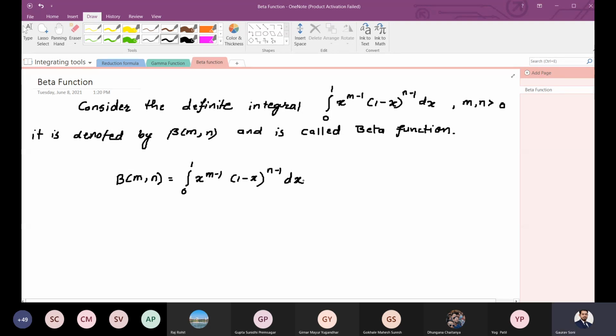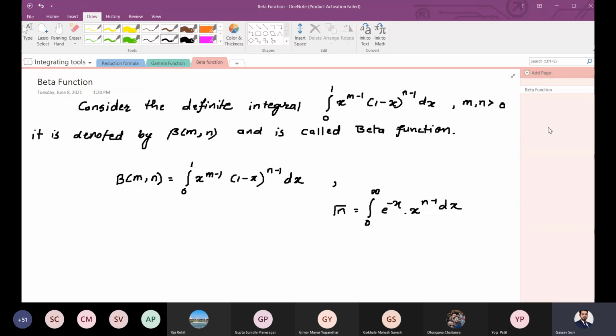I'm just recalling what the gamma function was. Gamma function was written like this: integral 0 to infinity e to the power minus x, x raised to n minus 1 dx. So let's relate both of them and see what difference we have.